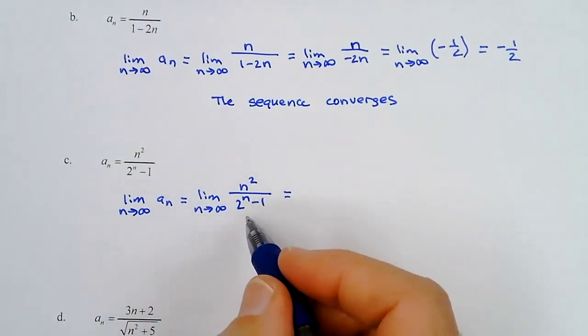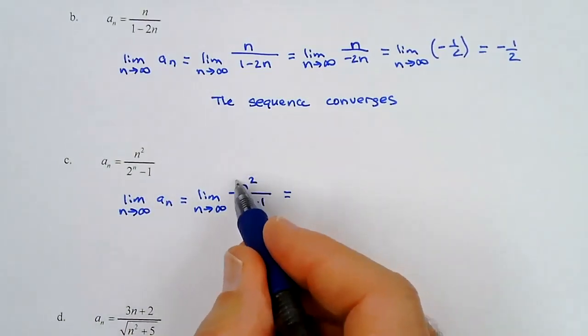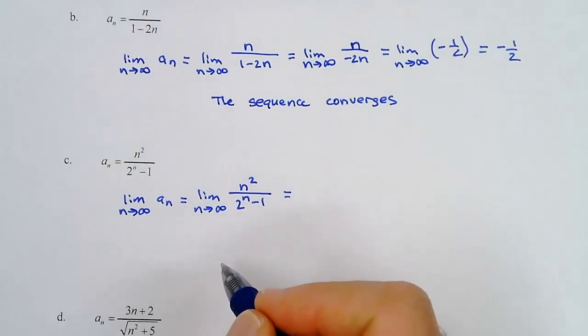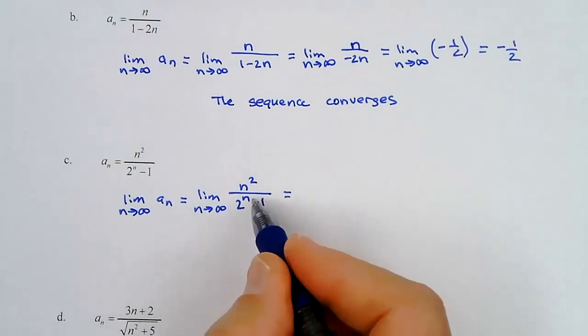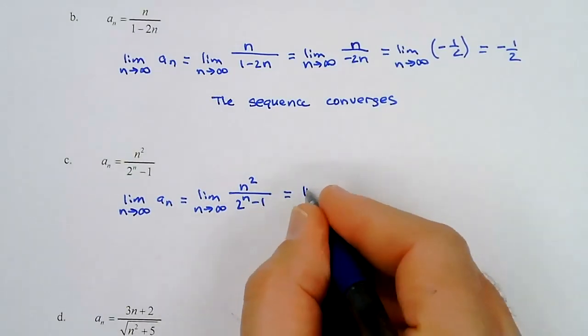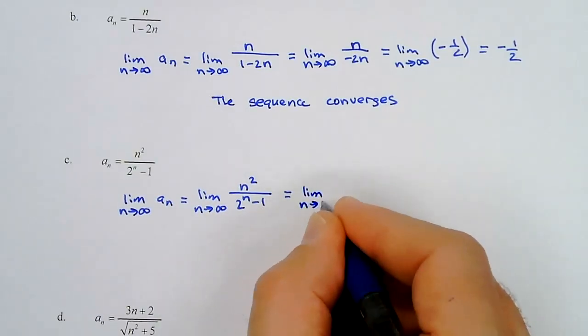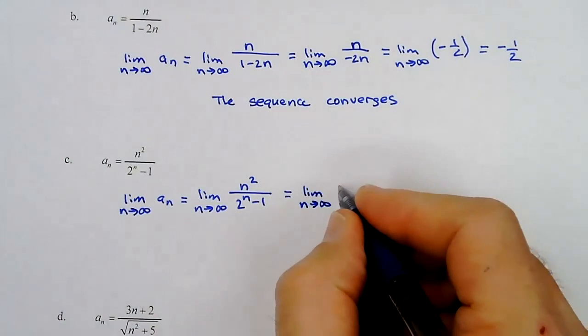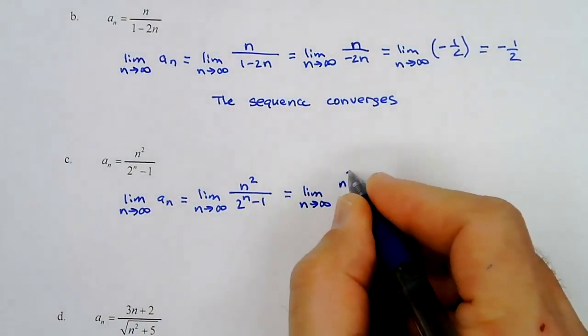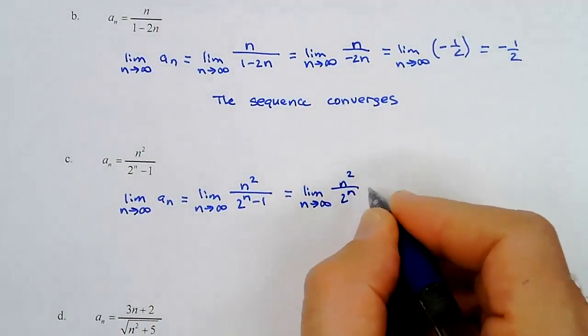In this one, what's controlling the growth in the numerator is n squared, and what's controlling the growth in the denominator is 2 to the n. So this minus 1 is insignificant. This is very much like how we found the limits for horizontal asymptotes, okay? So this would be the limit as n approaches infinity of n squared over 2 to the n.